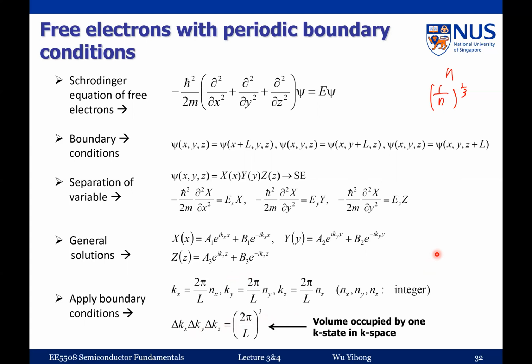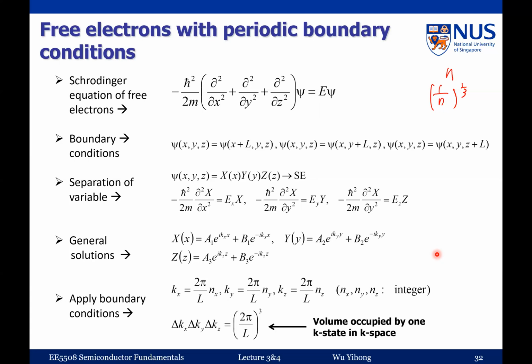And so the L, later you will know that the absolute value of L doesn't matter. This is just a mathematical trick. You can use whatever L you want, as long as it's large enough. Large enough means that it won't be too small, just comparable to that spacing we talk about later, right? So you have freedom to choose L, but eventually the physical result is still the same.